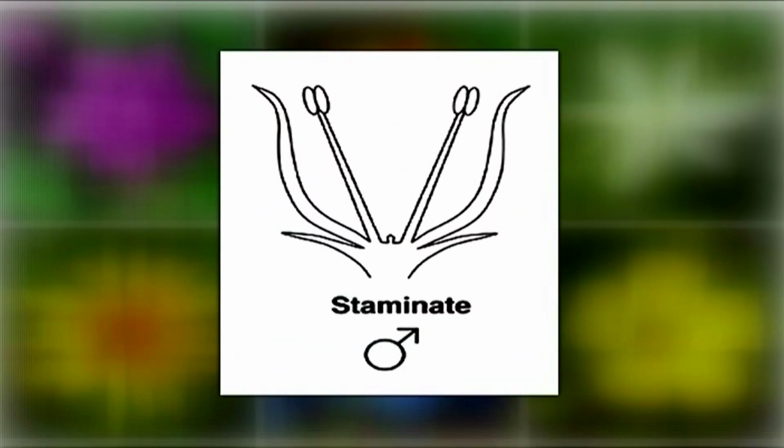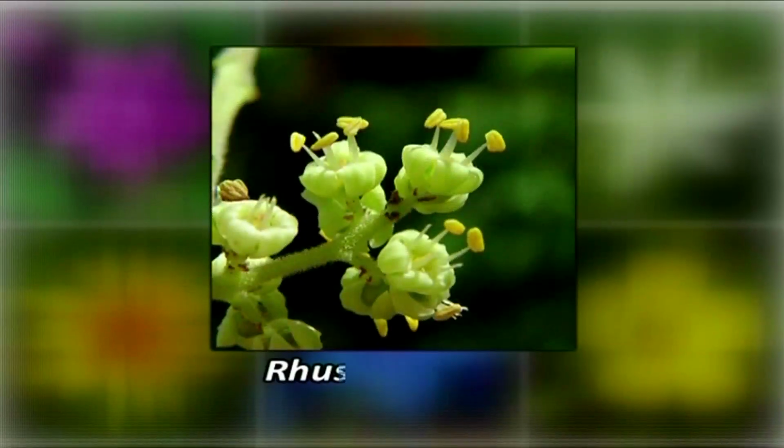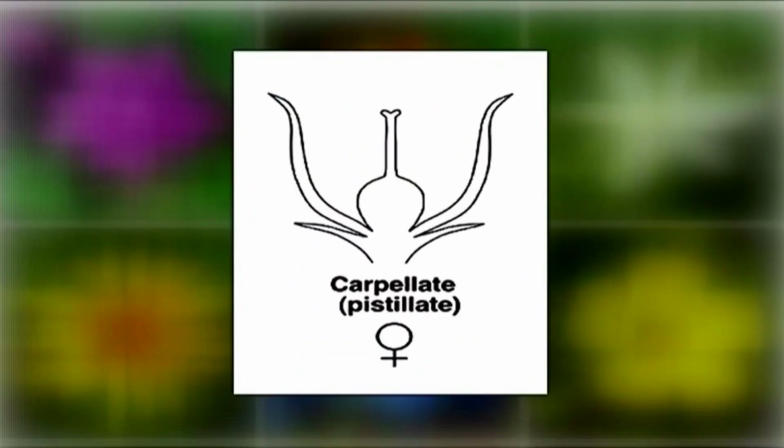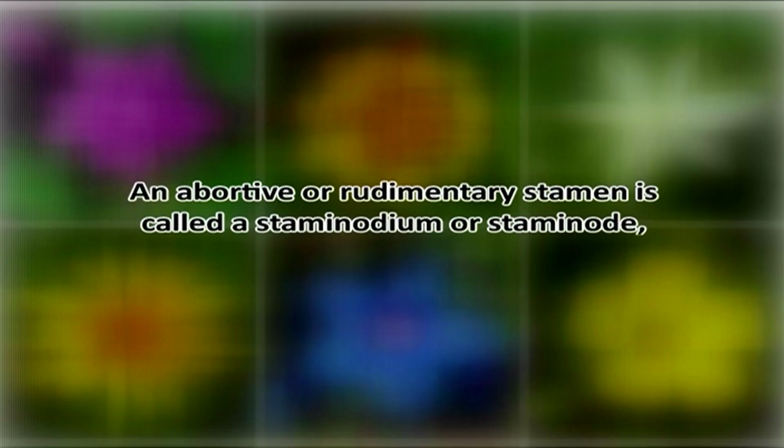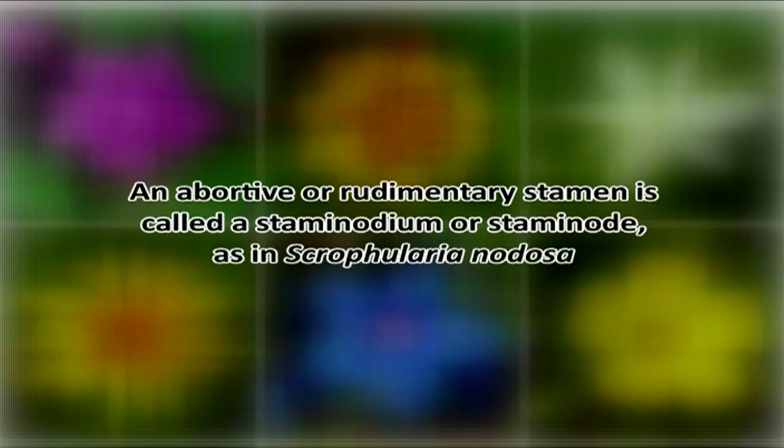Similarly, a flower having only functional stamens and lacking functional carpels is called a staminate flower, as in Ruscus, and a flower with only functional carpels is called pistillate, as in Hellebores. An abortive or rudimentary stamen is called staminodium or staminode, as in Scrophularia nodosa.